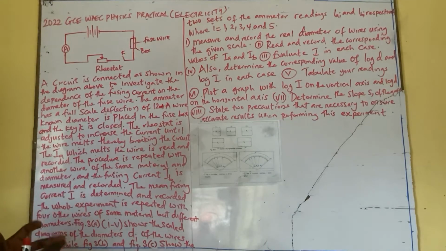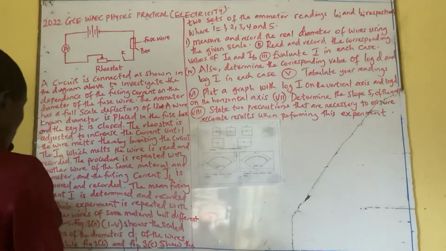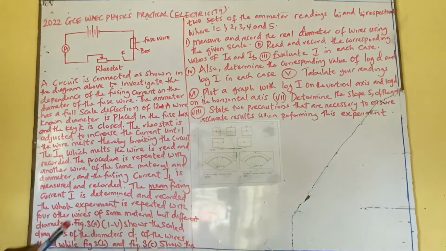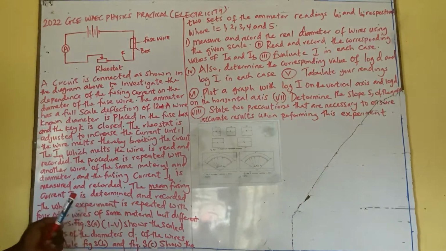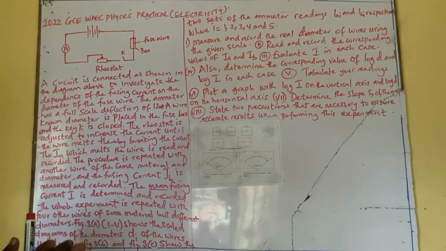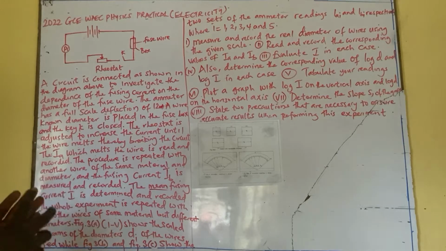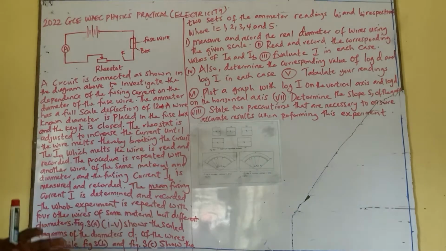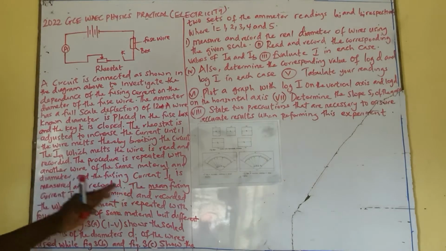The mean fusing current is determined. Look at the word mean: IA plus IB, added together and divided by 2, gives you the mean fusing current, which is determined and recorded.